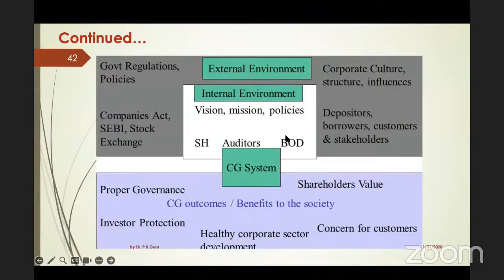In addition, there is the company secretary, who is the coordinator for the board of directors and the complying officer. And what this corporate governance system results in: proper governance, shareholder value addition, investor protection, healthy corporate sector development, and customer concern. So these regulations help in achieving this.